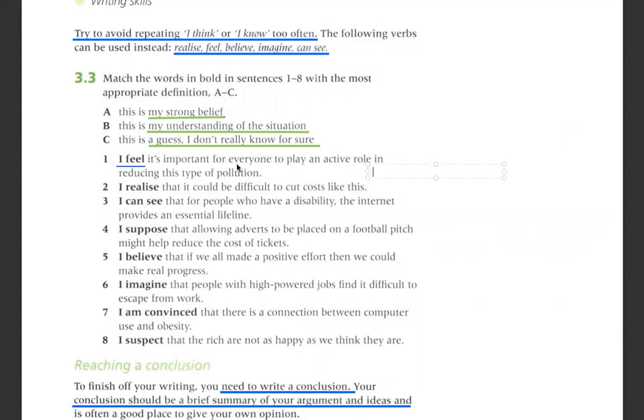But here, do I agree that people should play an active role? Or am I not saying whether I agree or disagree? So I feel it's important for everyone to play an active role in reducing this type of pollution. I agree with this statement. Okay, I'm saying that I agree or I think that it's important that people should play an active role. So this is a strong belief. I'm actually saying what I agree or disagree with.